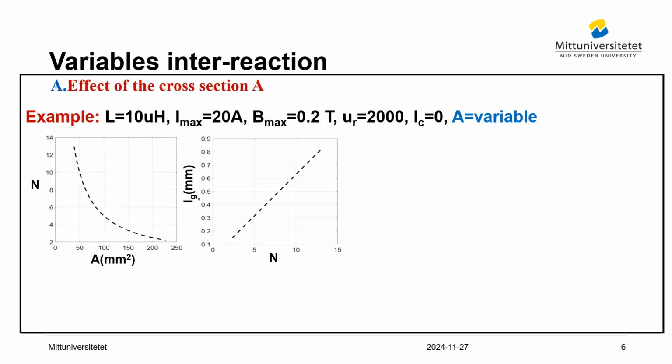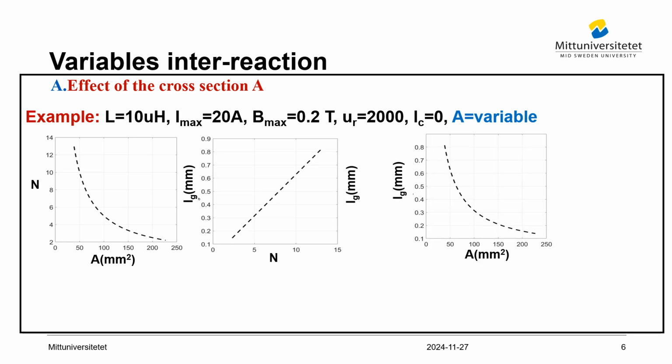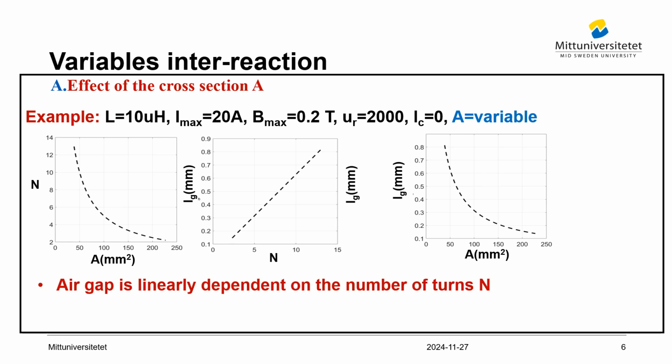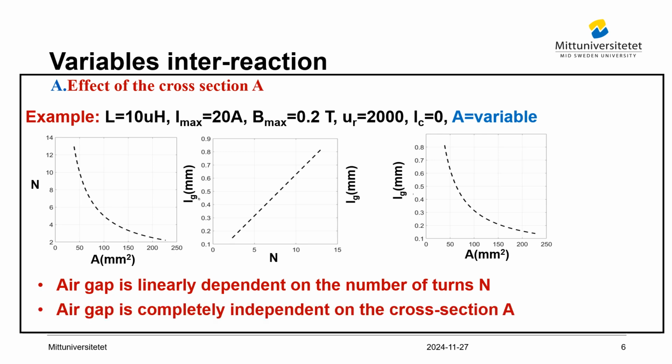The change in the air gap has to be equal to the change of the number of turns. Also, mathematically, you can plot the air gap as a function of the cross-section, and you will get the same plot as the number of turns versus the cross-section. But that's not correct, because this is only mathematics. The physics says that the air gap is linearly dependent on the number of turns, and the air gap is completely independent of the cross-section, as we have seen in the previous slide.